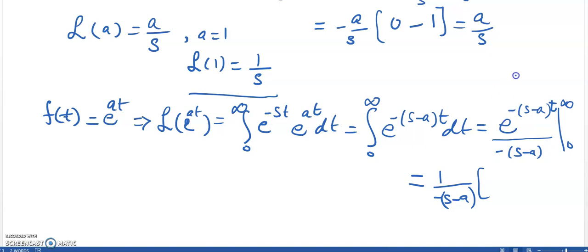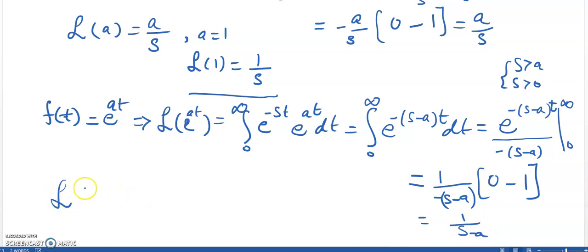So these two conditions should hold. Then e power minus infinity is 0, and e power 0 is 1. The minus signs cancel out, so it will be 1 over s minus a.